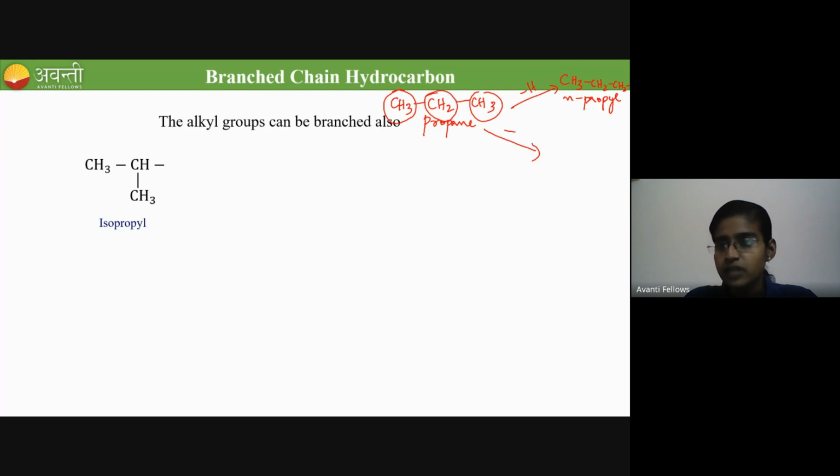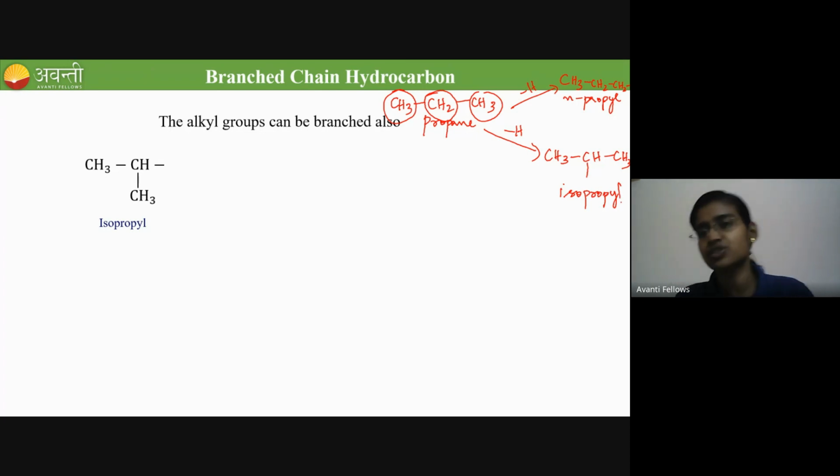By removing one of the internal hydrogens, I'll get one more group, CH3, CH bond and CH3. This is called isopropyl. Removing the terminal hydrogen leads to N-propyl and removing the internal hydrogen leads to isopropyl. This is how we get different alkyls.